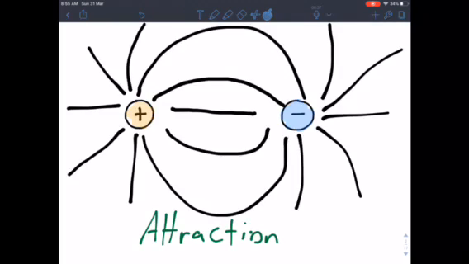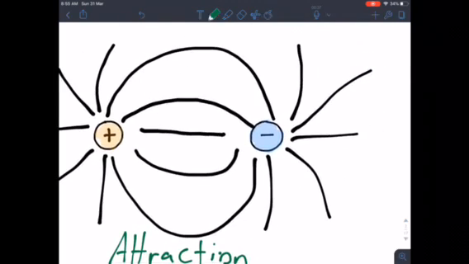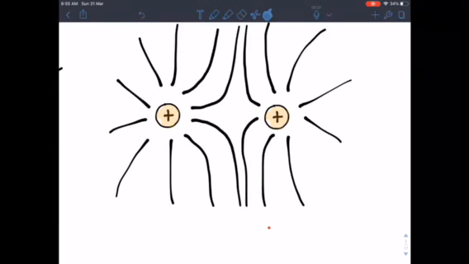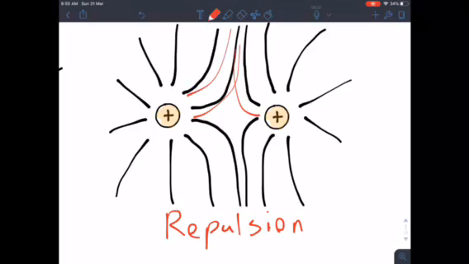And you can see that the electromagnetic field is basically curving toward the two particles. Over here you see an electromagnetic field between two protons, and that represents a repulsion. And you can see that the lines kind of curve away from each other in this case.